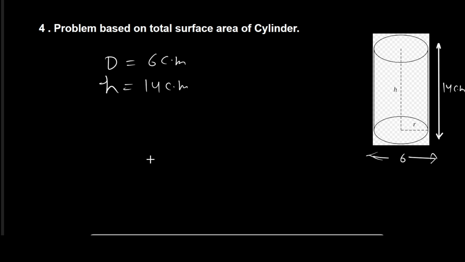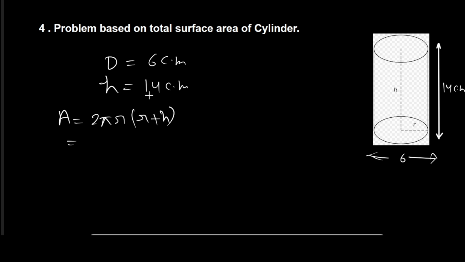So moving to our next problem. In this problem, the diameter of this cylinder is 6 centimeter and the height of this cylinder is 14 centimeter. So we have to find the total surface area of this cylinder. The formula of total surface area of the cylinder is 2 pi r in parentheses r plus h.